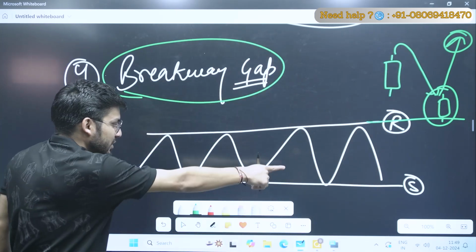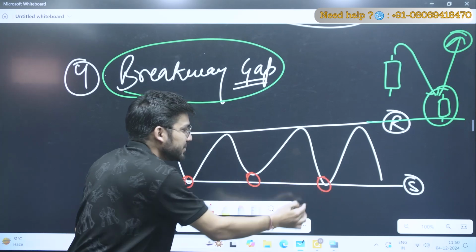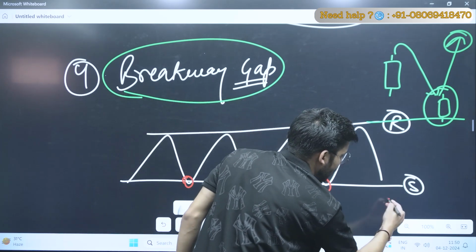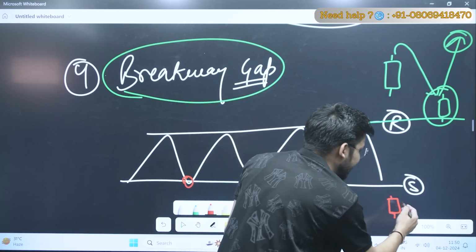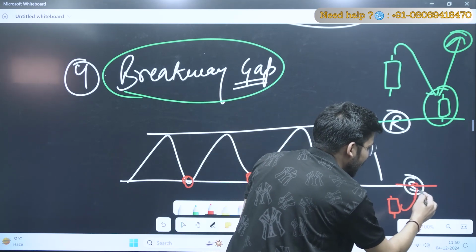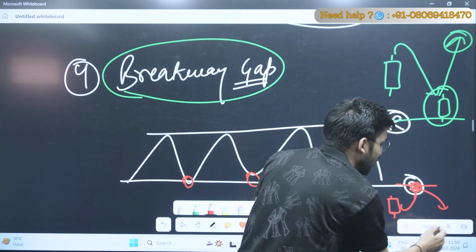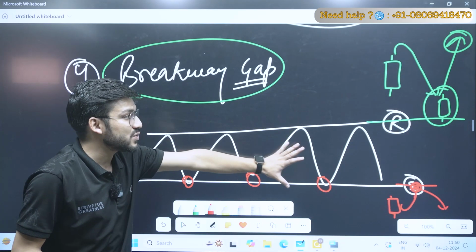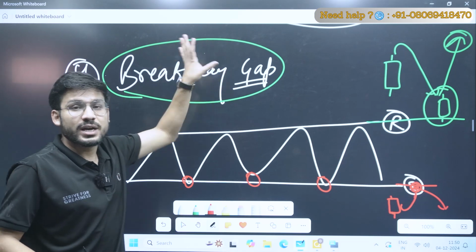Similarly, if this was the support and my market faced rejection from this support multiple times, and now a candle opened here, breaking away from the support, it will retest the support. You take the entry when the market retests, and then it will give you a good movement in the downward direction. This is a strategy that will help you whenever there is a breakaway gap.